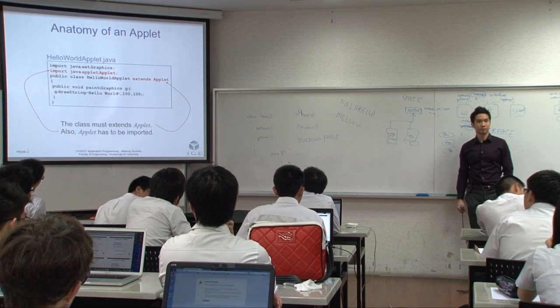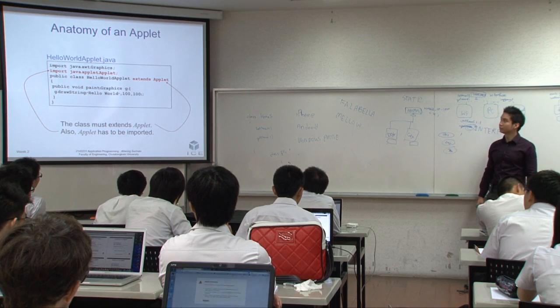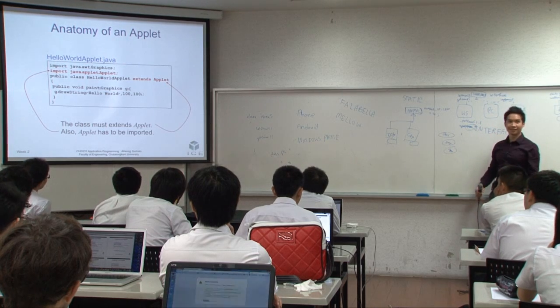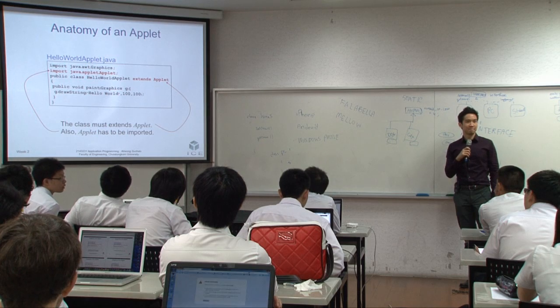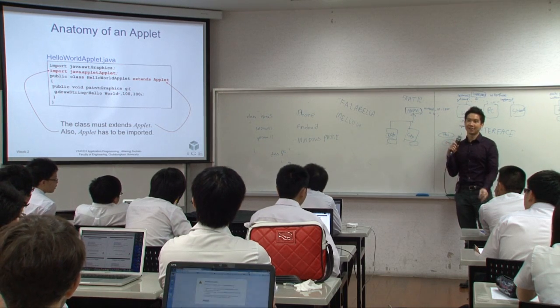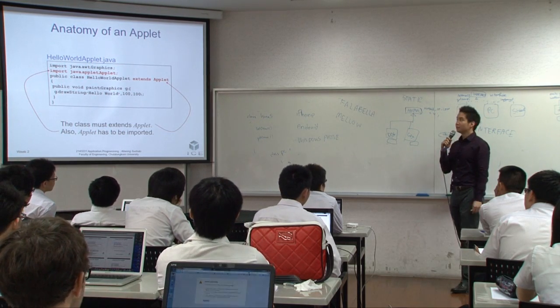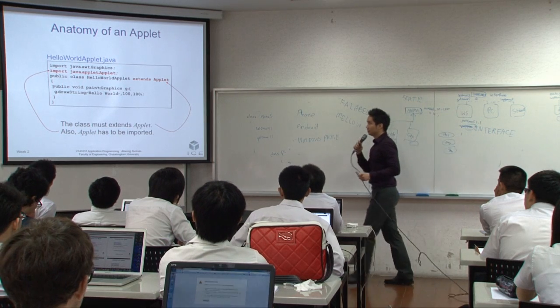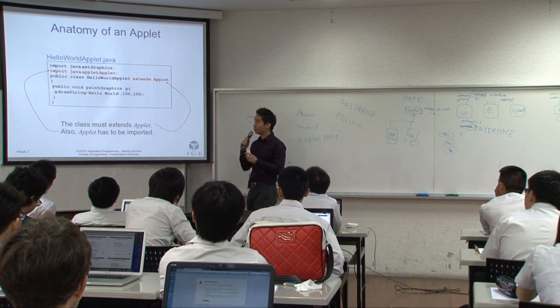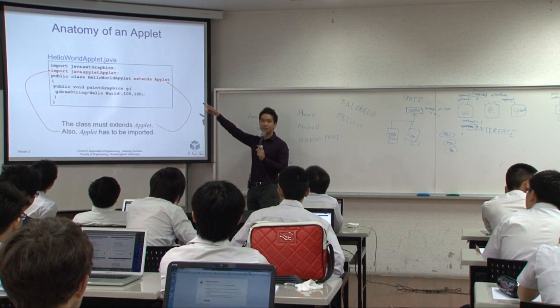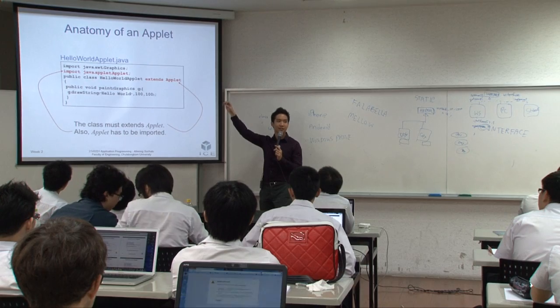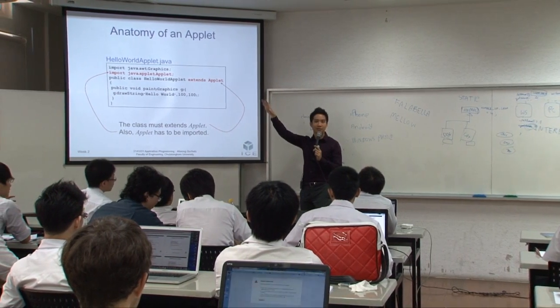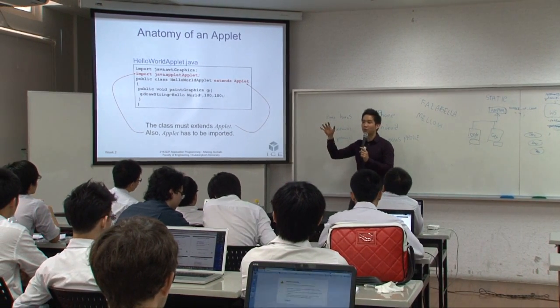Can anyone tell us what's the difference between the word applet in the middle, java.applet, and the applet that is the last part of the second line? We have import java.lowercase applet dot uppercase Applet. What's the difference?